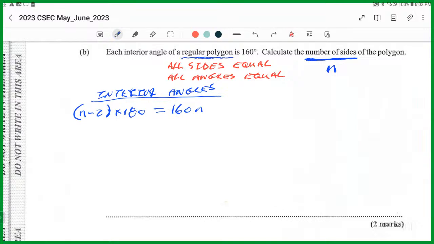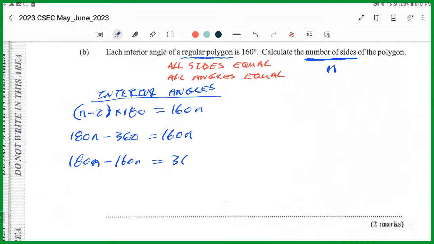Good. So expand this, we want to get 180n minus 360 equals 160n. Transpose the 160n over here, so we get 180n minus 160n equal to that 360 carried over here, so we get 360.